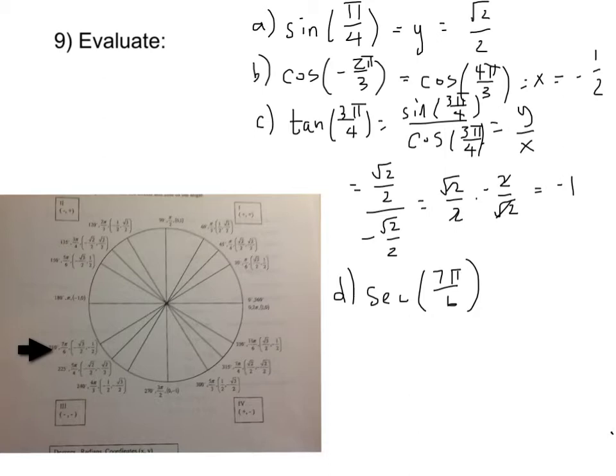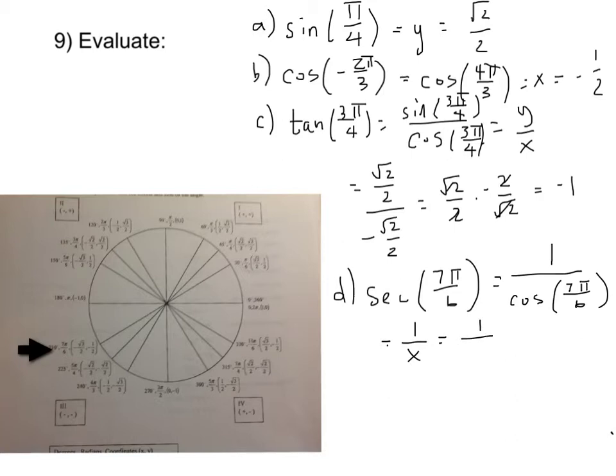And we have our x and our y coordinate. Well, the secant isn't one of our standard cosines and sines, but the secant is equal to 1 over the cosine. So what we have here is 1 over the cosine of 7 pi over 6. And we just found out that the cosine is the x-coordinate. And so the x-coordinate at 7 pi over 6 is negative square root of 3 over 2.